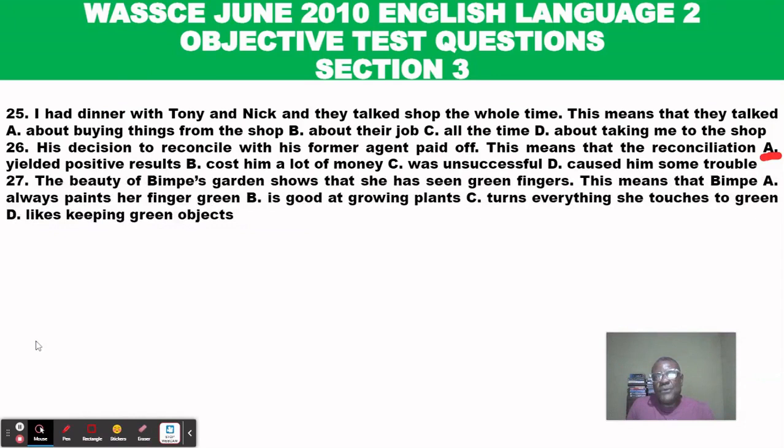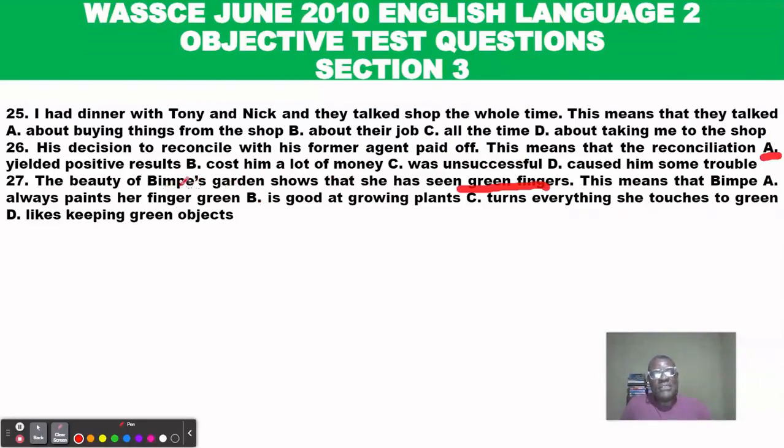27. The beauty of Bimpe's garden shows that she has seen green fingers. Now, again, you can look at symbols because when you look at green, like green revolution, it refers to agriculture, you know. So when you look at green fingers, again, you look at contextualization here.